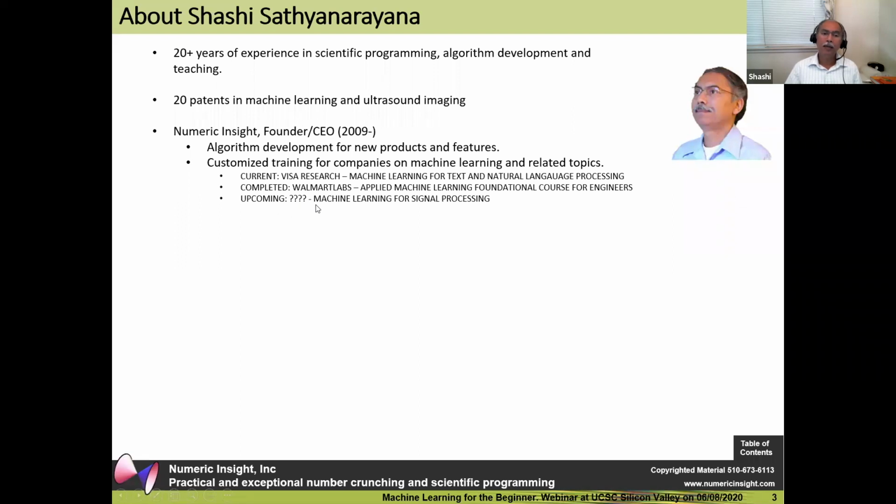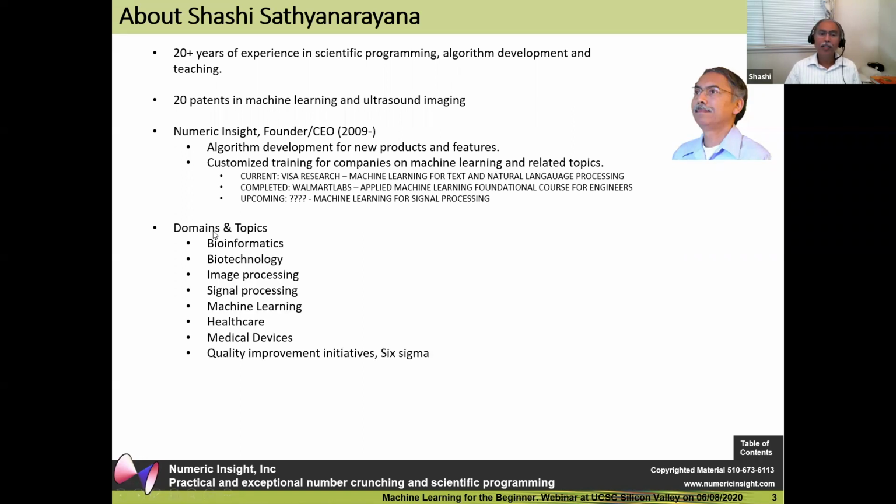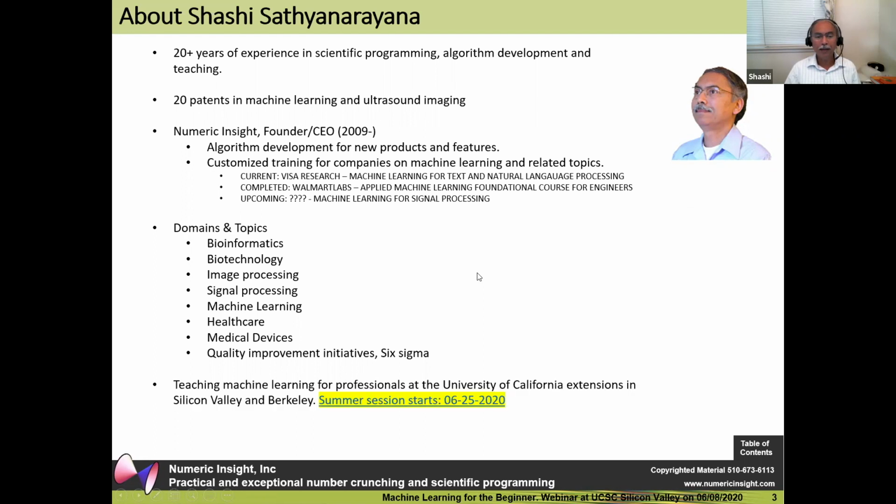I'm going to start machine learning for signal processing, which is unusual and unique, if I may say so. So I've been very fortunate that I have these opportunities to teach and thereby learn more interesting stuff. So these are all the domains and topics that I have worked on. I'm not going to spend too much time here.